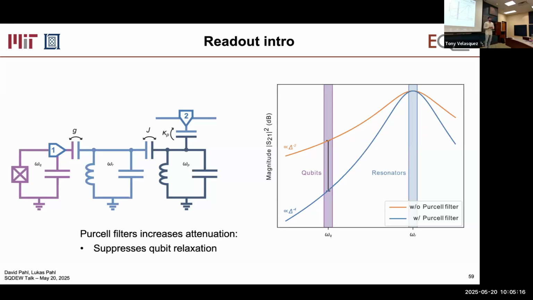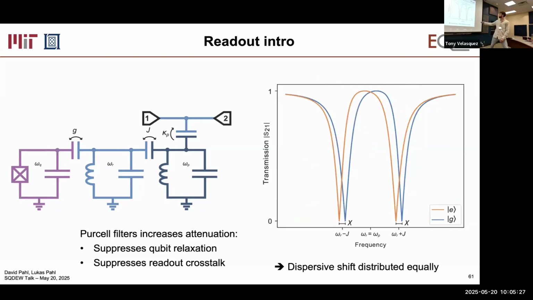It looks like you're designing J to be much larger than kappa in the plot that you showed. Yes, that's a great point. In this plot, I showed you the line shape, and it only looks like this if J is roughly equal to kappa p or even larger. How do you see this?